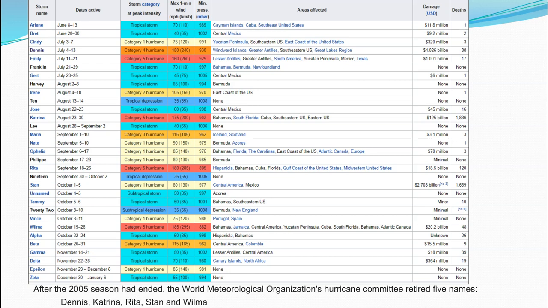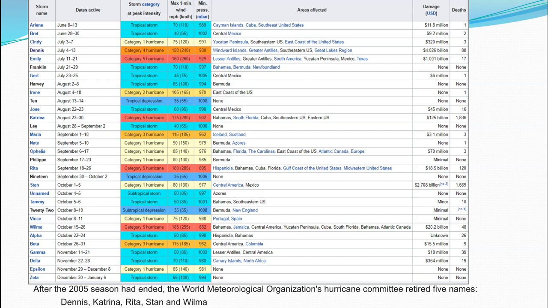Now, a number of these storms ended up being pretty significant. So names you don't see on the list anymore include Dennis, Katrina, Rita, Stan, and Wilma. Those were all pretty devastating storms, so they've retired those. And there's a group that gets to pick the names, and they're also the ones that get to pick who to retire.